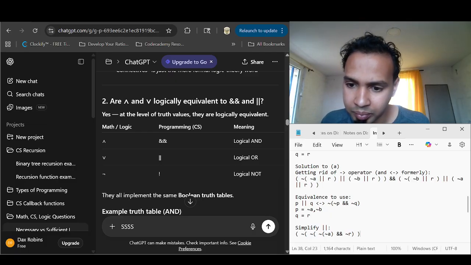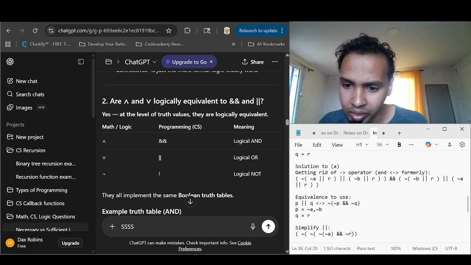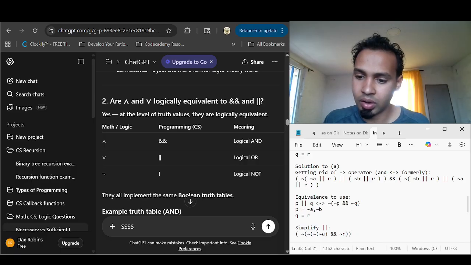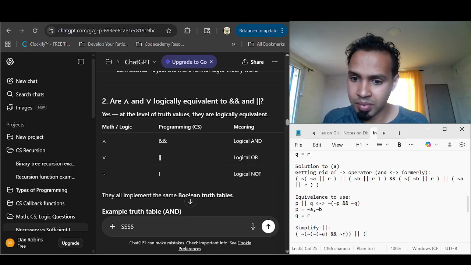I think that's right. So not A and not R. And then, yeah, that's the not. And then there's the original not right there. Okay. Pretty much the same mess, except one layer less deep.